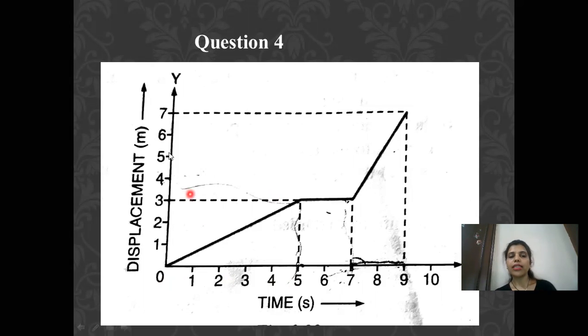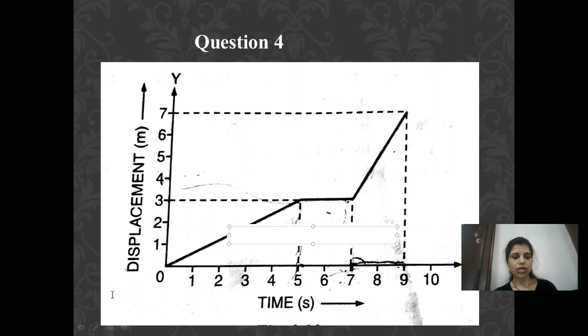As you know, whenever it is displacement versus time, and they ask you to find the velocity, you have to find the slope. So now we'll be finding the slope over here. As you can see, this is x1, y1 and this is x2, y2, because this is the end point they have told, 0 to 5.